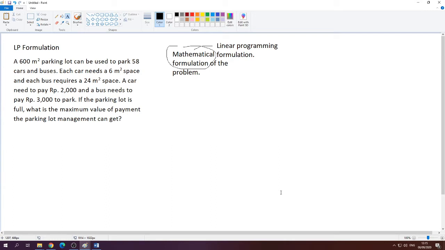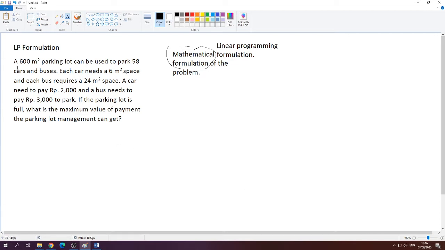It is the parking lot problem, and let's visit that problem again here in this video, and we will develop a linear programming formulation for the problem, and see if we can solve it using the technique that we learned before, which is the graphical technique. If we can do that, then we will solve the problem by using the graphical technique. Okay, this is the problem.